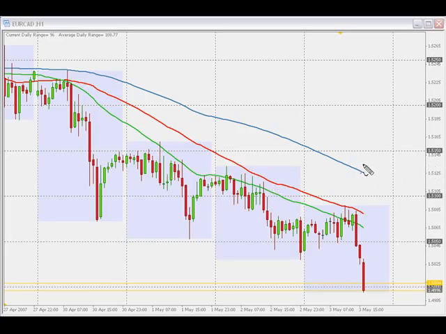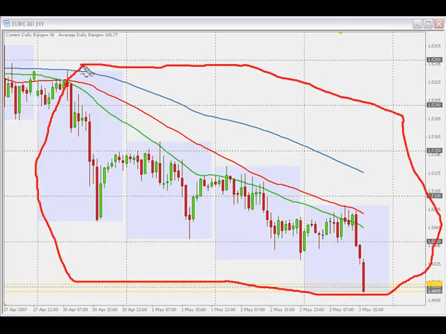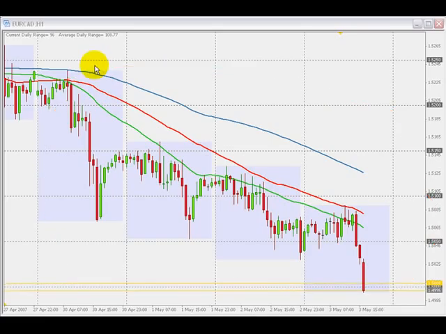So all my pre-entry requirements are met as far as the moving averages go. This is by my standards a perfect trending scenario, so it would be feasible for me to trade. That's why I had it on my watch list this morning. Finally, we see that all the rallies in this downtrend have been held by the area of dynamic support and resistance, in this case resistance, since we are in a downtrend.